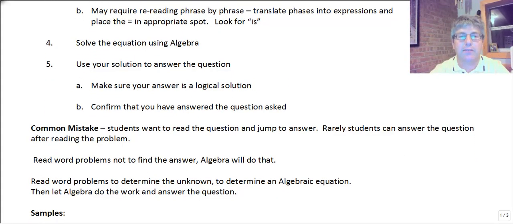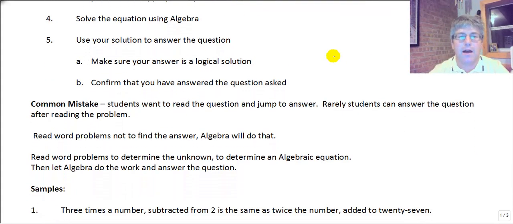Some common mistakes that students make: students often want to just read the question and jump right to the answer. And rarely in word problems can you answer the question after just reading the problem. What you really want to do, as I mentioned before, is read the problem to determine the unknown and come up with an algebraic equation.